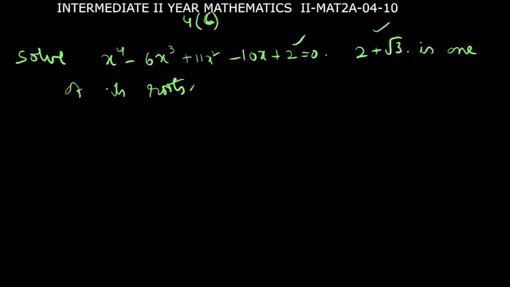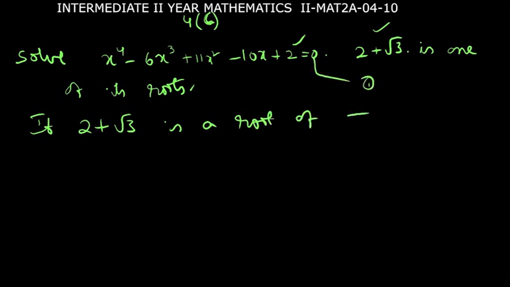As we already know, if 2 + √3 is a root of the equation, 2 - √3 is also a root.